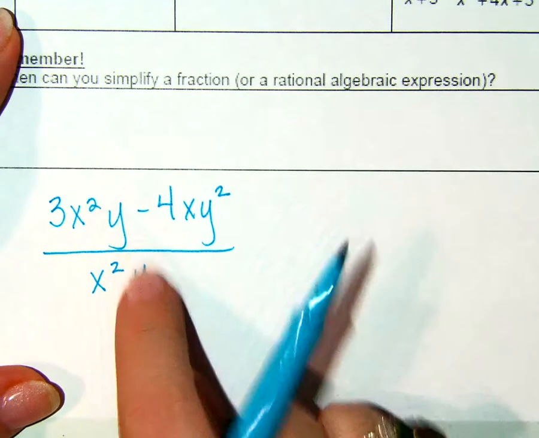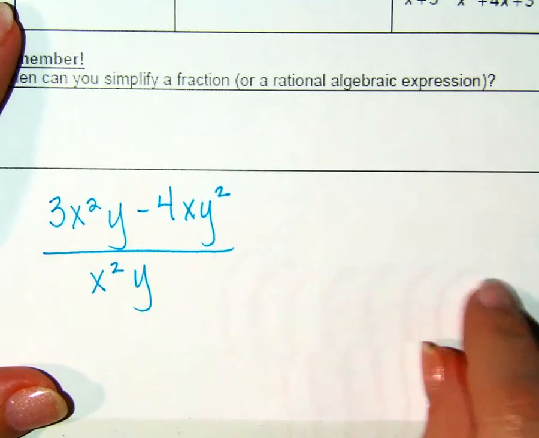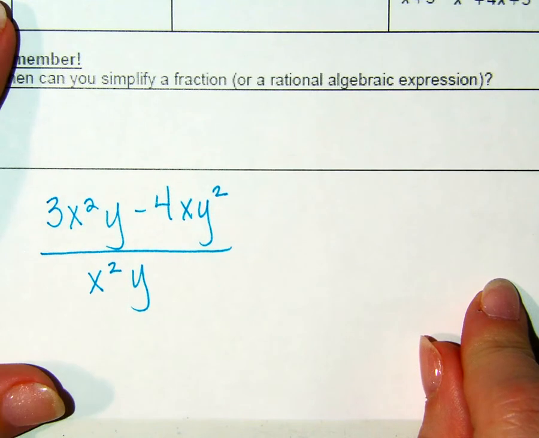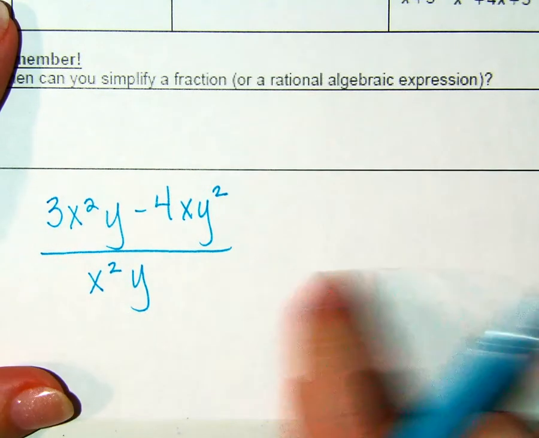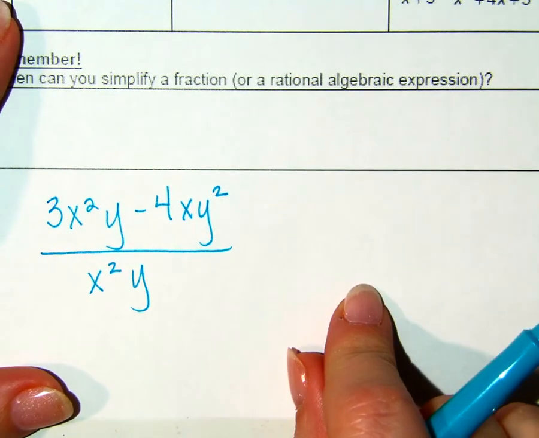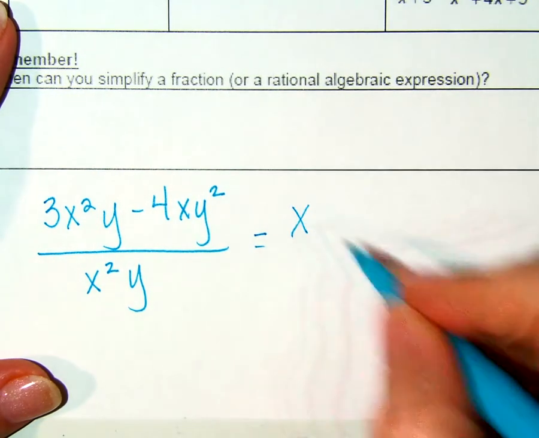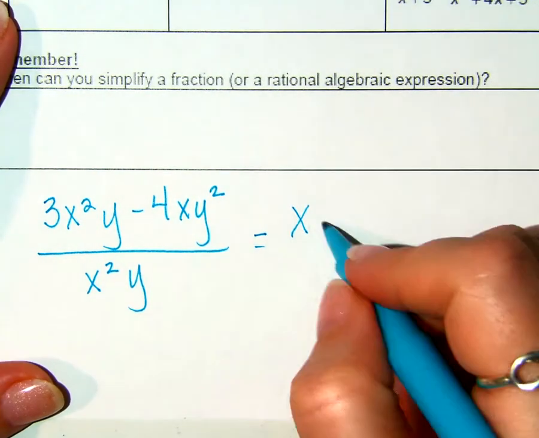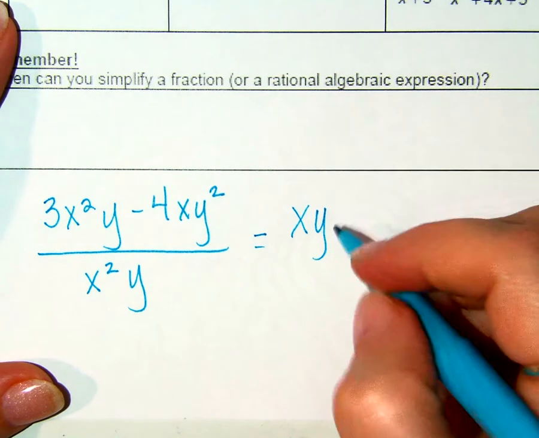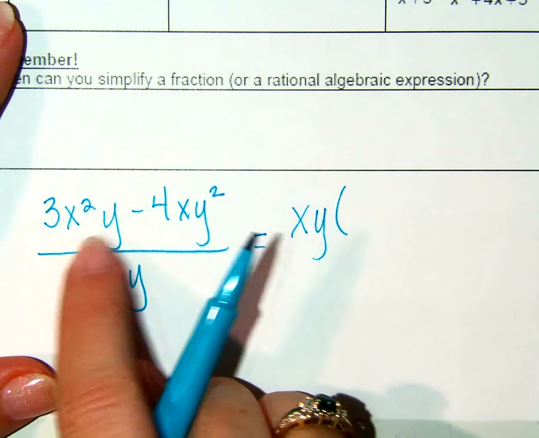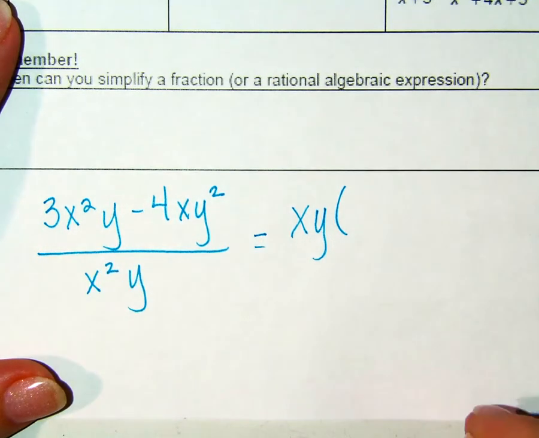I can't just take parts of it out. So what do I have to do to the numerator? Is there anything common in both of the terms? Both terms have an x, and both terms have a y. What would happen if I divide xy out of this term? What am I left with?